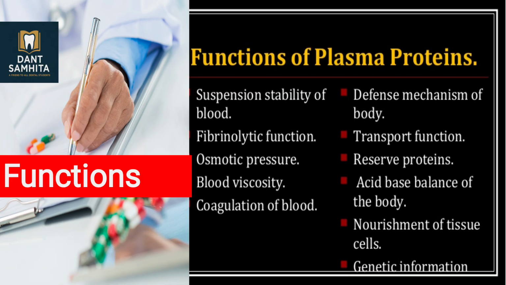Defense mechanism of the body because of the presence of the immunoglobulins, transport function, reserve proteins, acid base balance of the body, very, very important to maintain, nourishment of the tissue cells and genetic information. So these are the general functions of the plasma proteins. If you can write these points down on your exam sheets and explain at least 2 to 3 lines regarding each, you can easily make a very good descriptive answer.